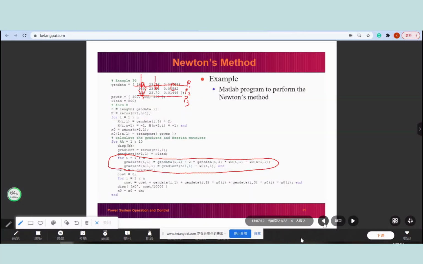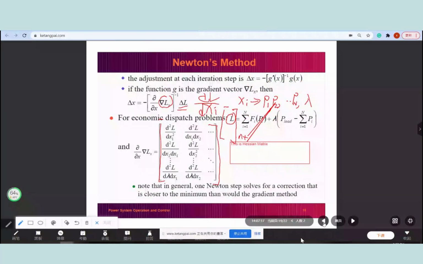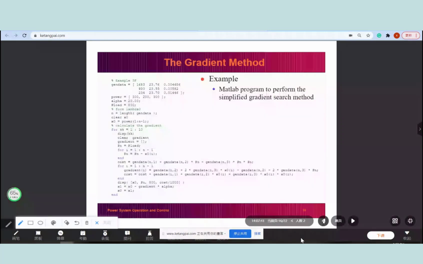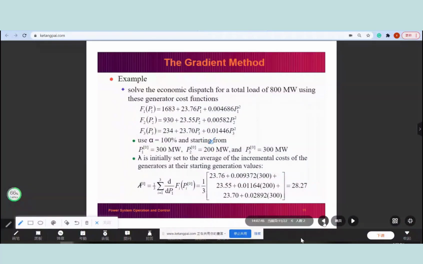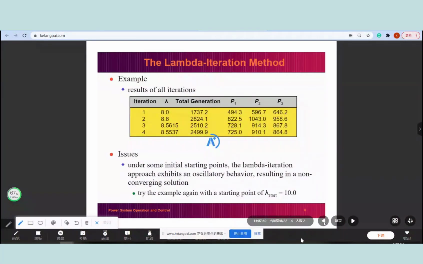So until now, we have learned many algorithms to solve economic dispatch, as I mentioned: the lambda iteration method, the gradient-based method, and the Newton method. You find that there is one characteristic: all these methods are based on derivative calculation. Either you have to calculate the second order, or the first order, as in the lambda iteration method.